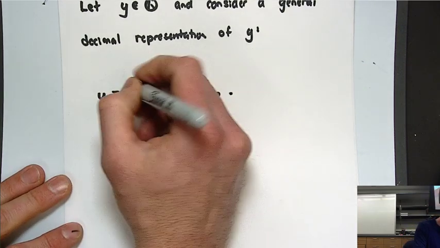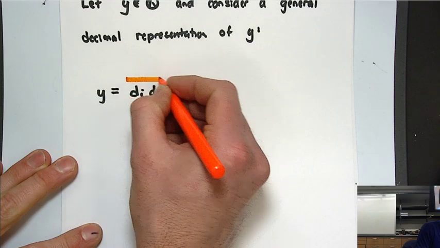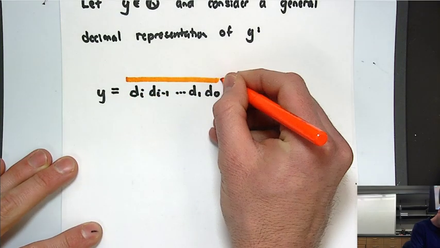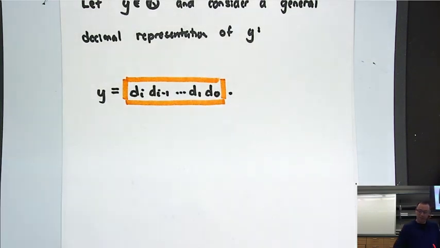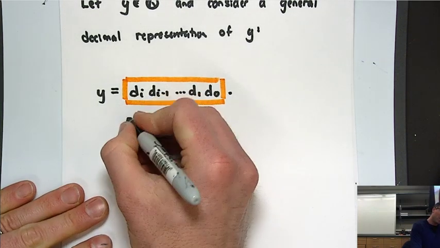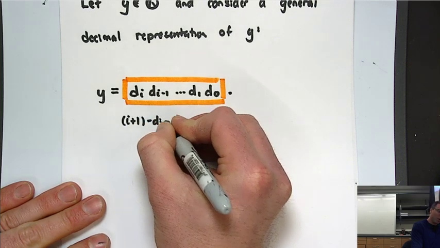This whole thing, I don't think I have a green pen with me. Definitely don't have an orange pen. What do we call that thing? Yep. So this is what we're going to call an I plus 1 digit, what type of digit?